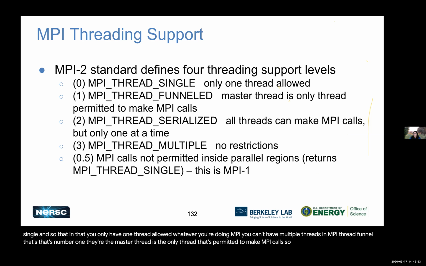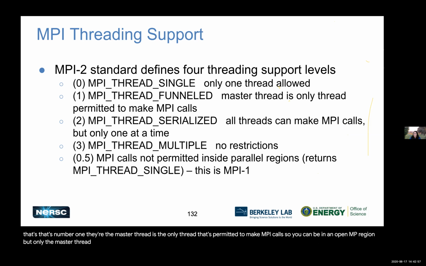So you can be in an OpenMP region, but only the master thread is the one that's allowed to make MPI calls. And I realize master thread is not such a great phrase, but that is what it is called, unfortunately. So basically, though, that's thread 0.